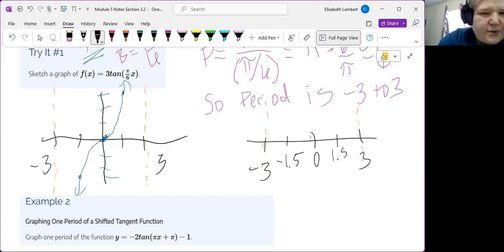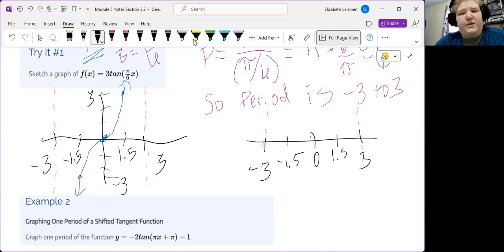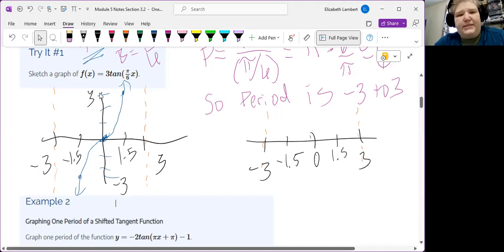And here, we probably should put in, again, positive 3 and negative 3. All right, so pure fluke that the bounds of the period ended up being those extra point numbers.